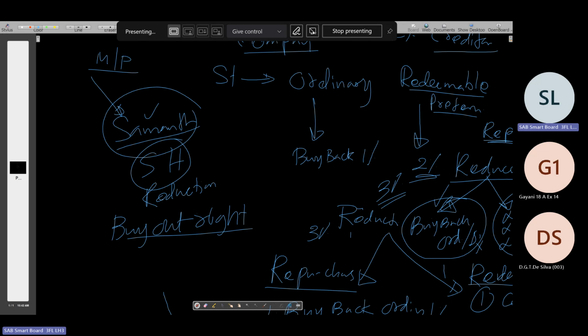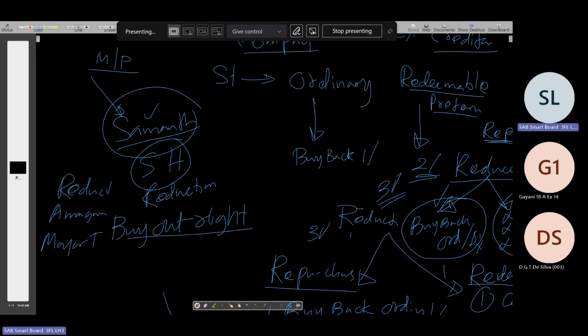Here he can implement the minority buyout right. A special resolution is passed in relation to reduction, amalgamation, or approving a major transaction.